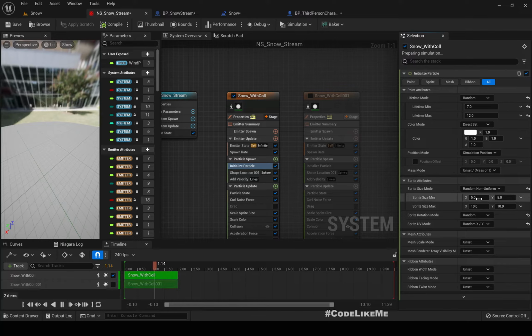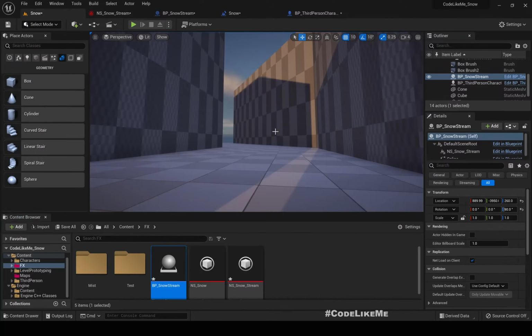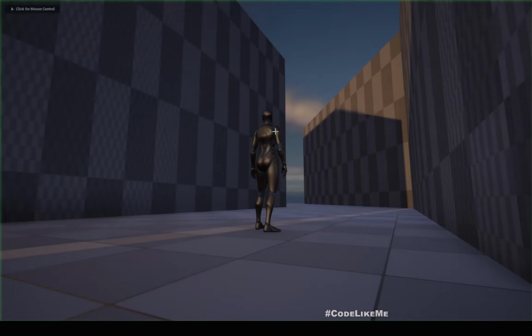Random non-uniform, X is 2 to 4, Y is 5 to 8. Let's try that.